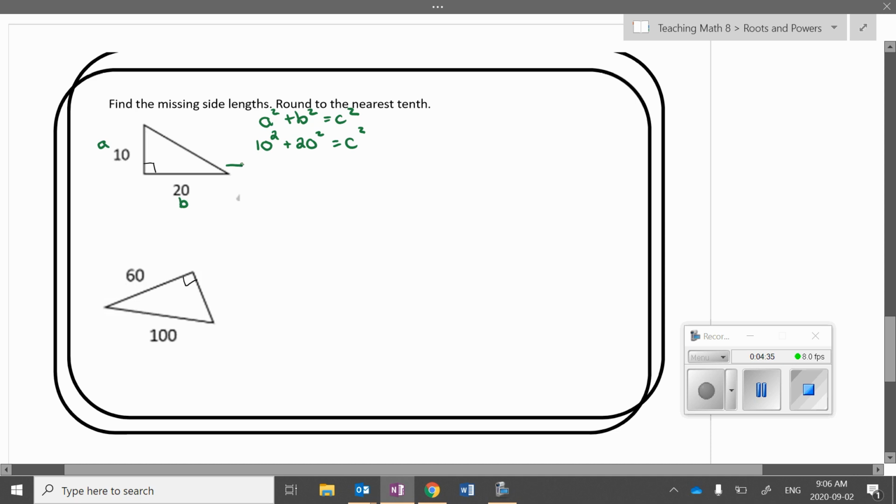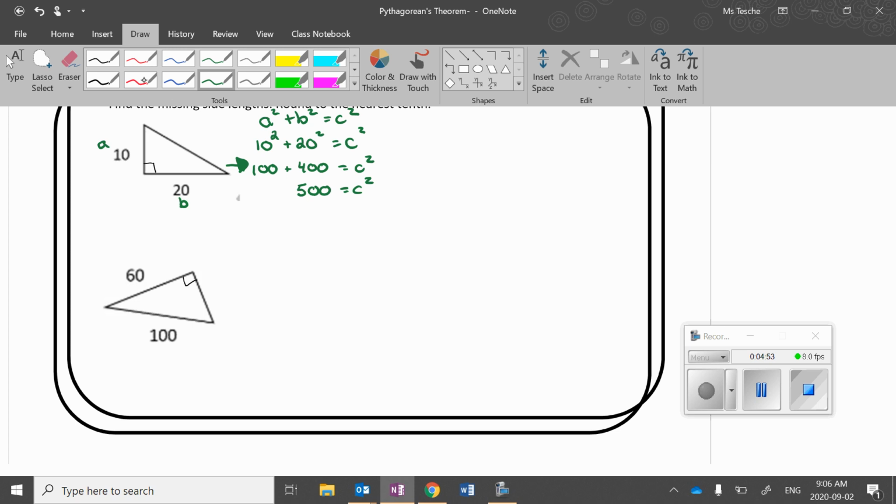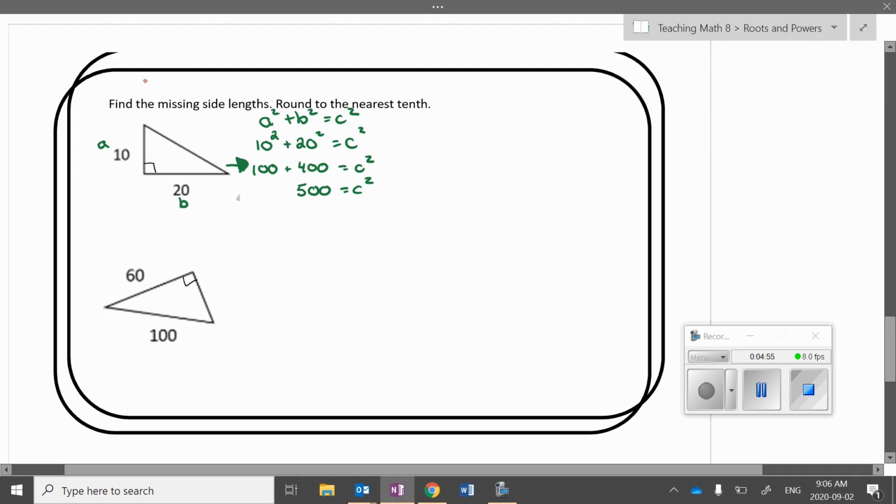This next step is a step that kids often forget about. So this is a big step. Actually square them. So 10 squared is 100. 20 squared is 400. 100 plus 400 equals 500. Okay, so this is great. 500 equals c squared, but I want to know what just c is. So how do I cancel out that squared? We square root it.